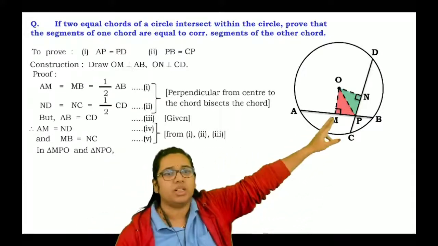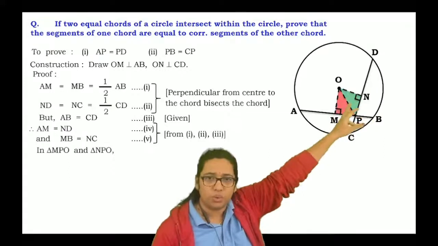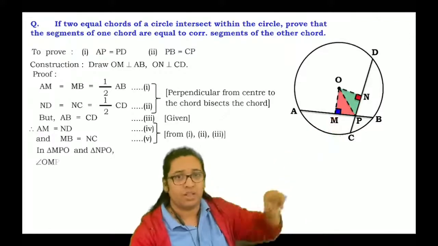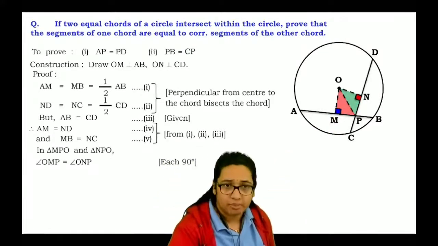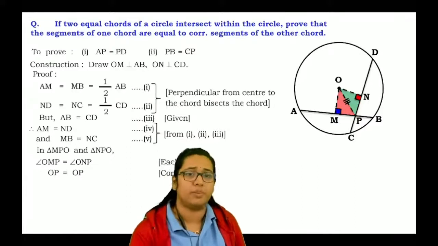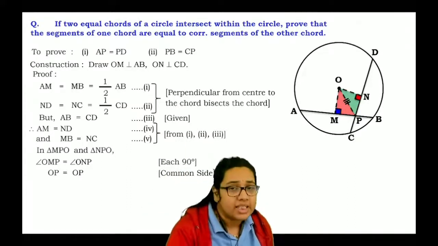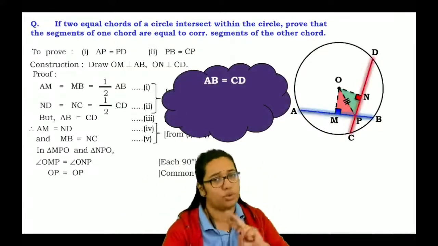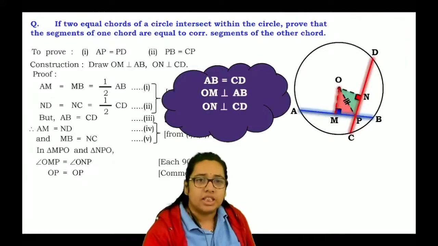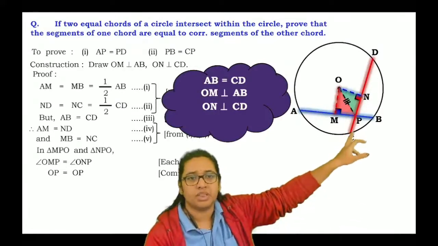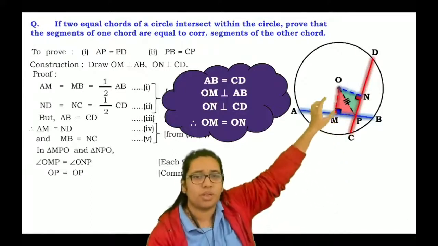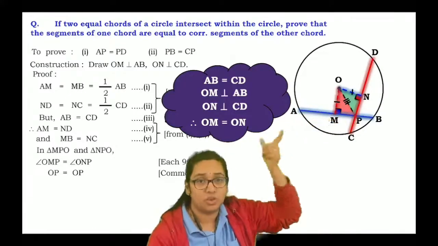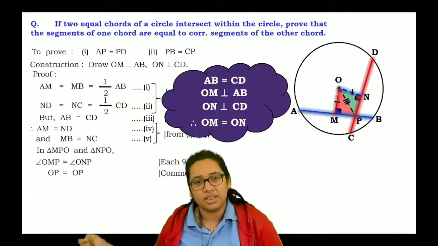See, in triangles OMP and ONP, are you able to see this 90-degree sign? Okay, so the measure of angle OMP is equal to the measure of angle ONP, each of 90 degrees. The second test is that OP and OP will be equal. It is nothing but a common side for the two triangles. And the third is this: OM and ON will be equal, because we know that those two chords are equal in length.